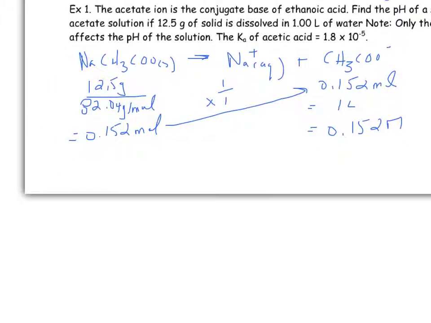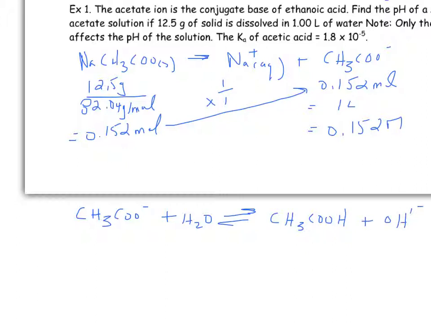Let's write a Bronsted-Lowry equilibrium showing acetate reacting with water. Because acetate is a conjugate base, it will accept a hydrogen from the water and make ethanoic acid and hydroxide.